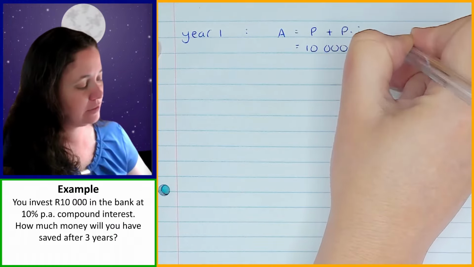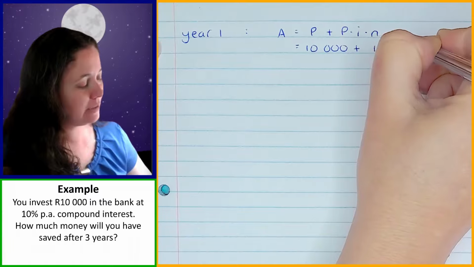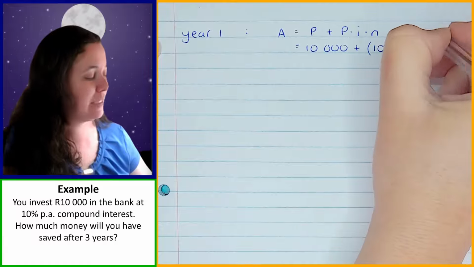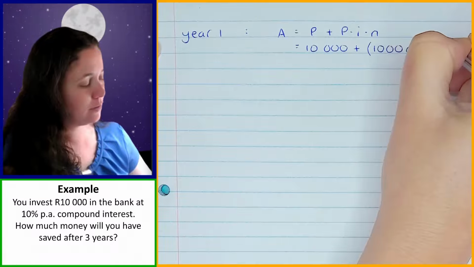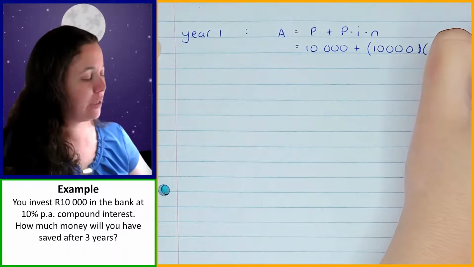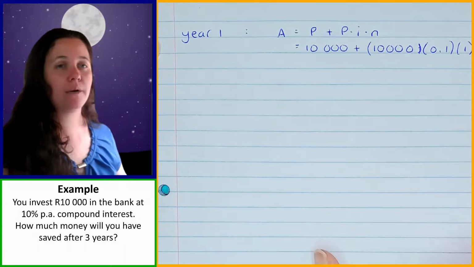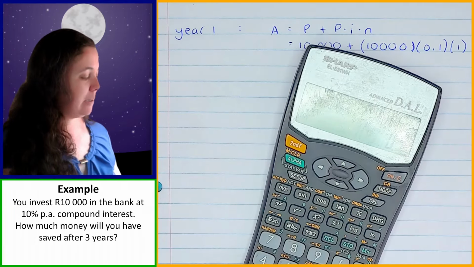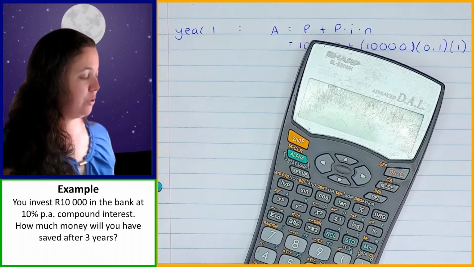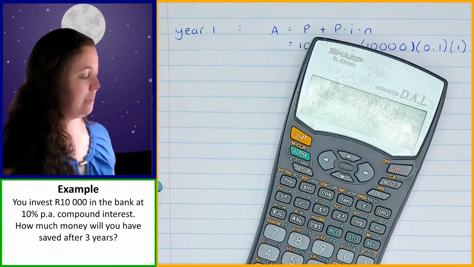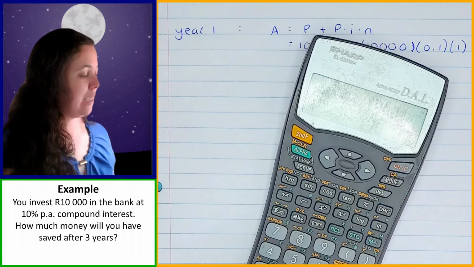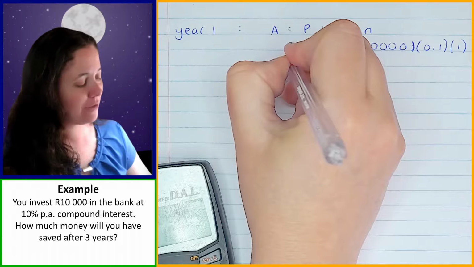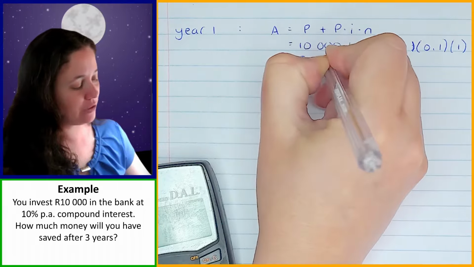So it's going to be 10,000 multiplied by the interest rate, which is 10%, so that's 0.1. And it's only for 1 year that we're working out at the moment, so multiplied by 1. Now 10,000 plus 10,000 times 0.1 times 1 gives us 11,000 Rand. So the amount that you have at the end of year 1 is 11,000 Rand.